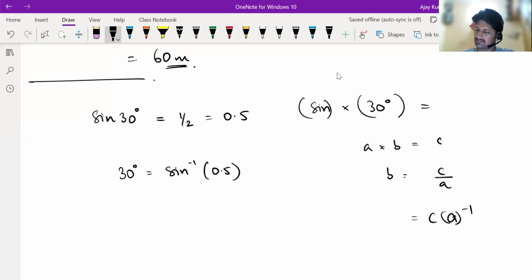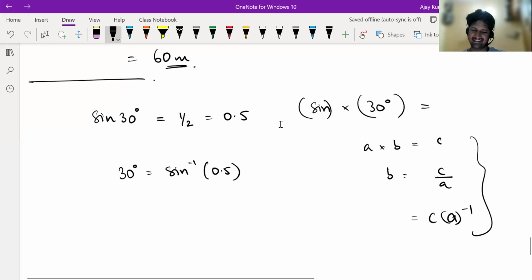That is with multiples. But here sine is not a multiple, sine is a function. There's a way to calculate sine. So that function of 30 degrees is 0.5. Now, when you want to send the function to that side, you read it as inverse of the function. It's not reciprocal. That is what it means.